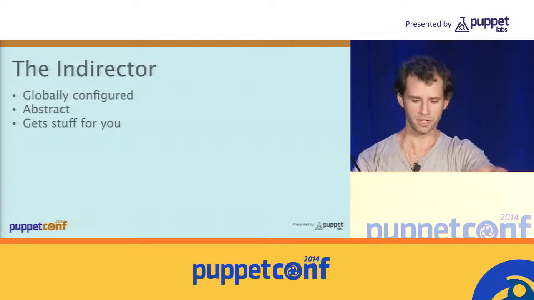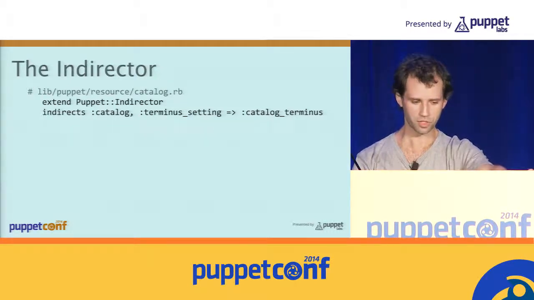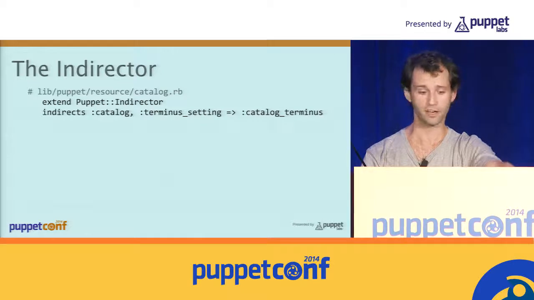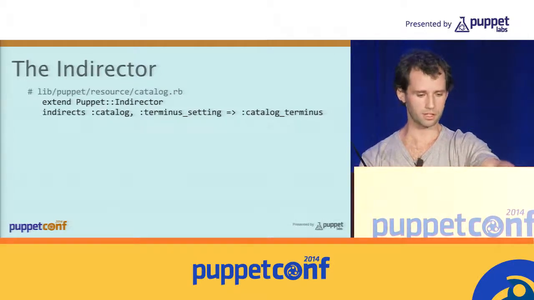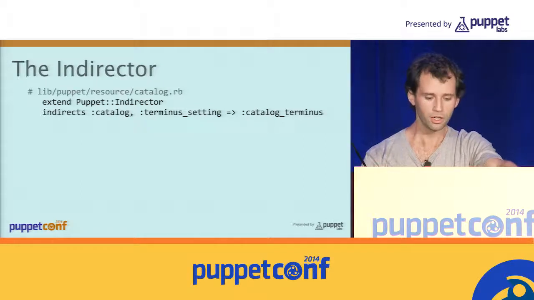But then some of them, the indirected ones, they do one more thing. They extend a module called Puppet indirector, and then they use this method call called indirects. They give it a short name for the indirection that they want to have, and they can optionally specify a terminus setting for modifying that configuration.